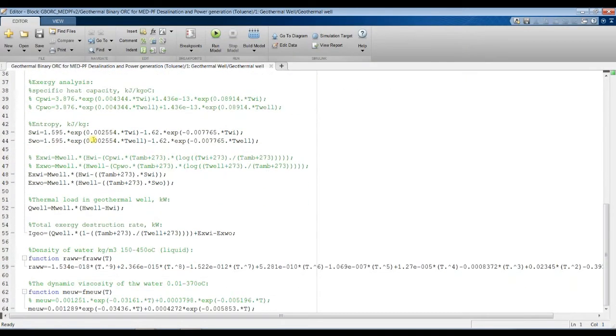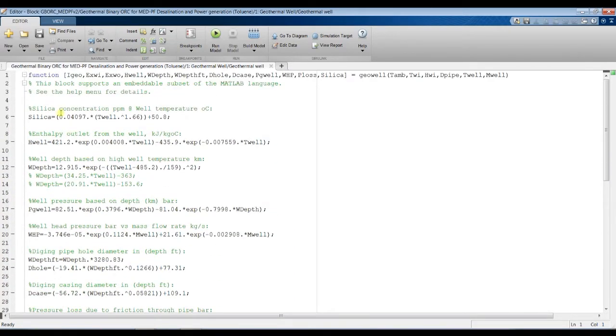This is the edit block. It's fully editable. You can add more outputs. These are outputs in between these matrix brackets, as you can see here, this is your function name, and this is your inputs. Suppose I need to input something here.